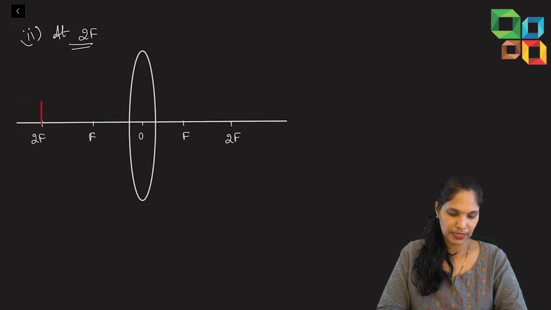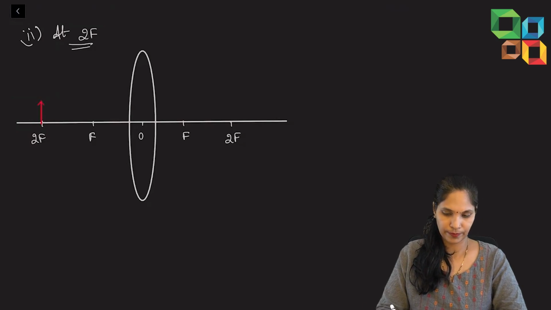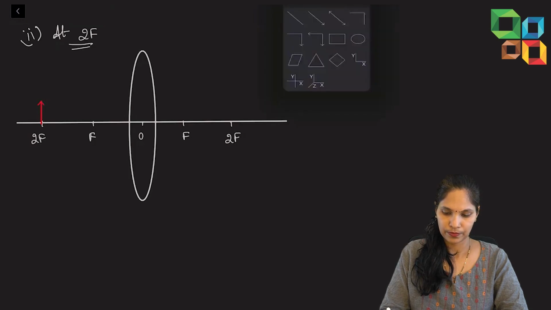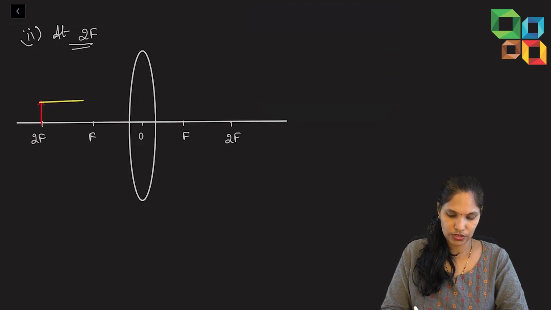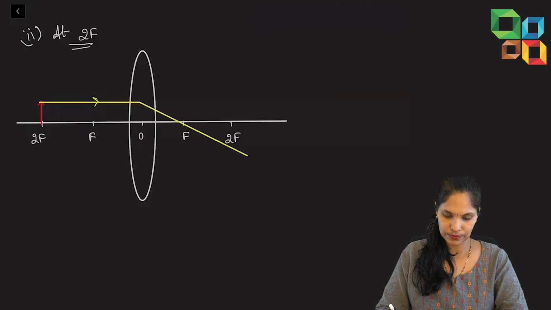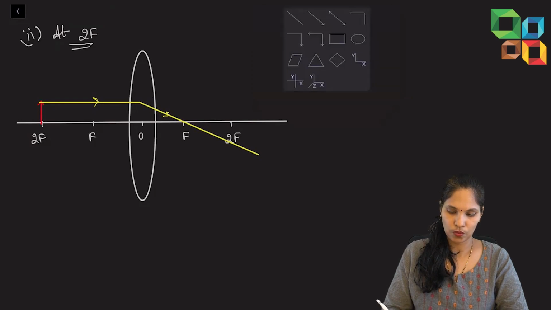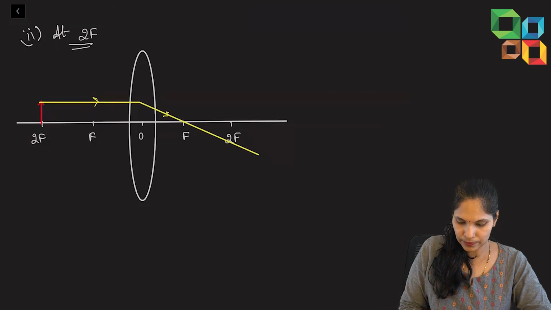Okay, let me place the object at 2f. Let me take the rays. A ray which passes parallel to the principal axis after refraction passes through the focus. Another ray which passes through the optic center goes undeviated.